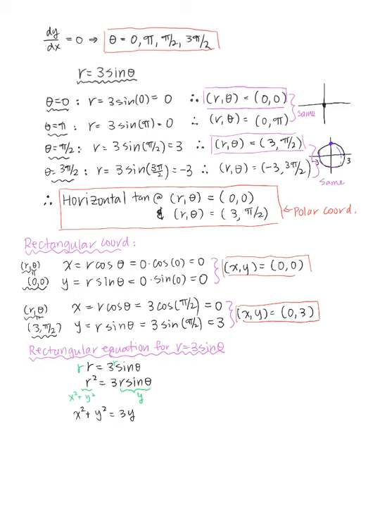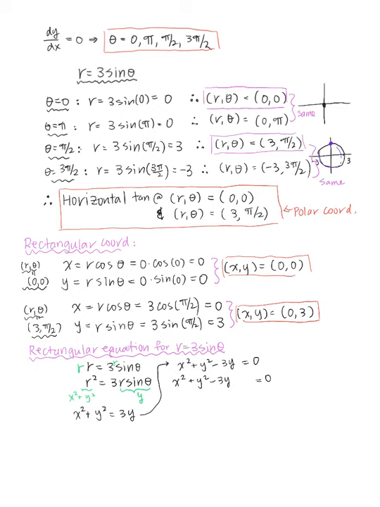Let's complete the square on the y now. So let me bring this over here. We've got x squared plus y squared minus 3y equals 0. I'm just going to leave a little room and then put equal to 0.